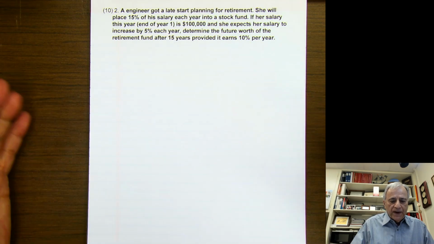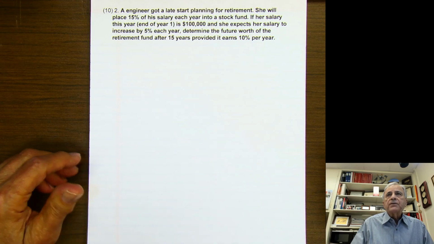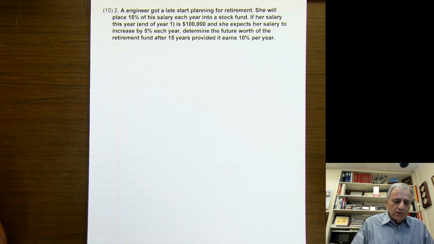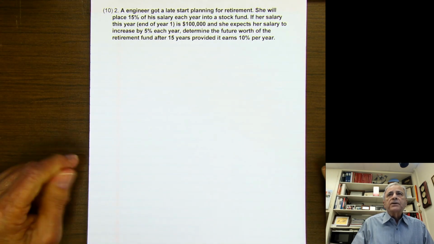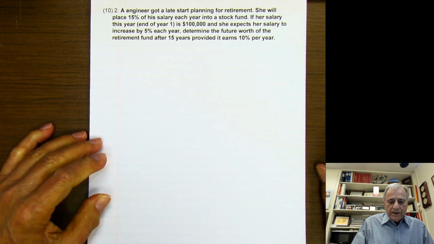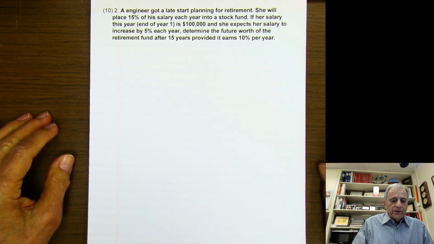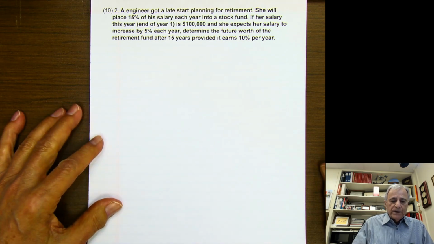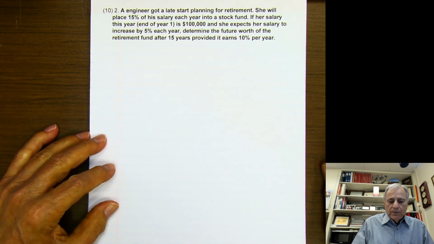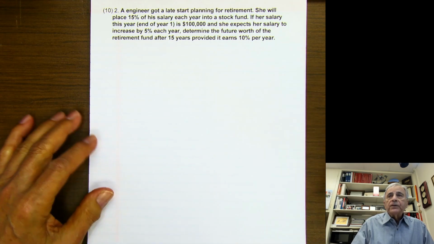So she's going to invest this money, 15% of her salary. If her salary this year, this is year 1, is $100,000, and she expects her salary to increase by 5% per year, each year, determine the future worth of the retirement.